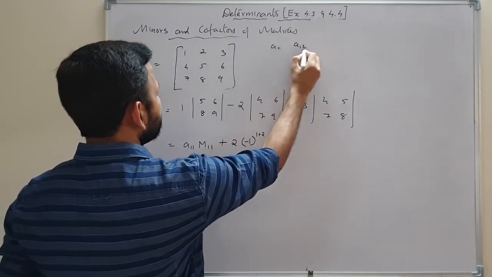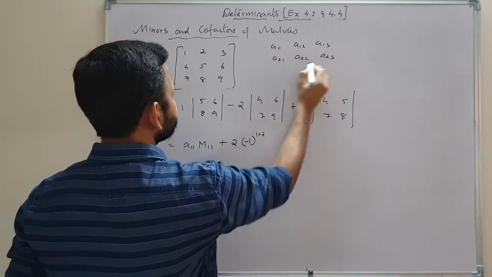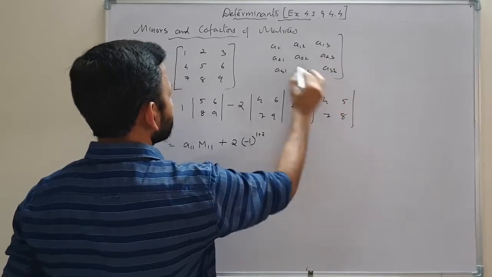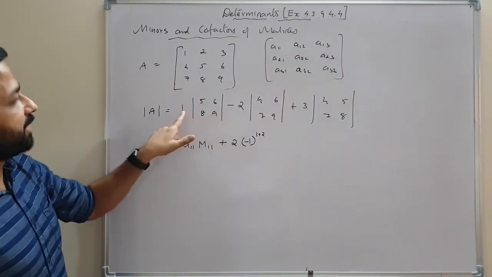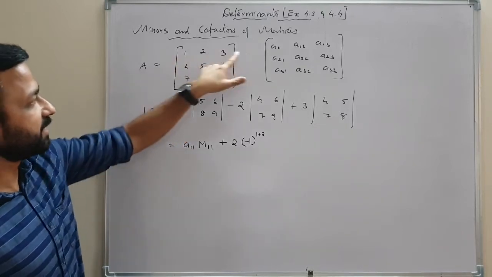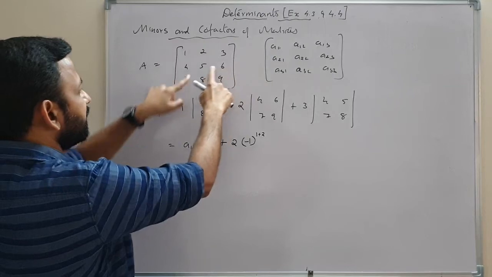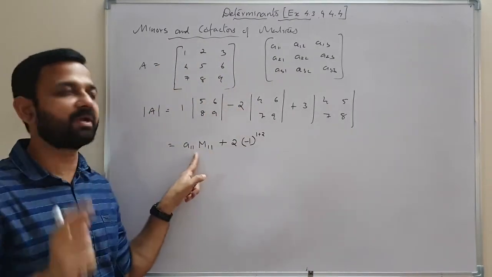A11, A12, A13, A21, A22, A23, A31, A32, A33. So when we compare with that matrix, here 1 is the first element, that is A11. Then we go to the determinant 5, 6, 8, 9, that is M11.